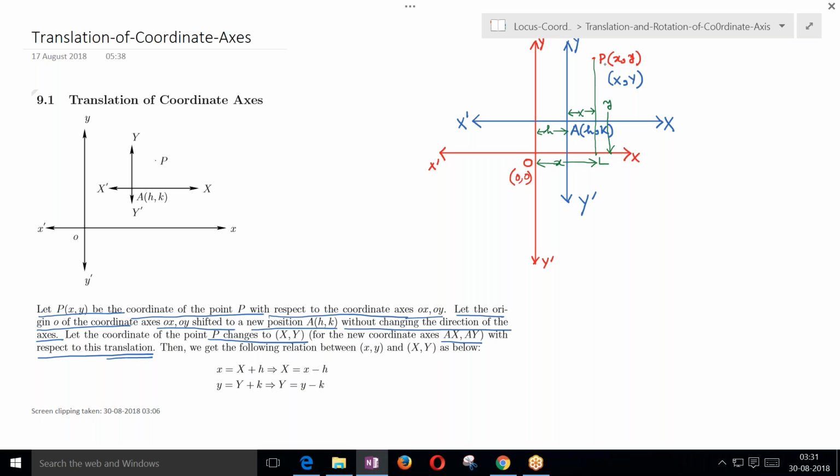I hope all of you agree with me. Any doubt, please ask me. But in the new coordinate system, this becomes capital Y. And as you see, this is h and this is k.